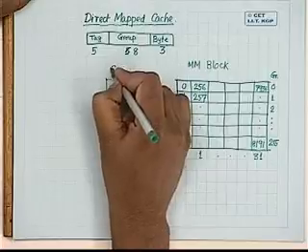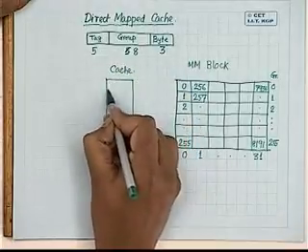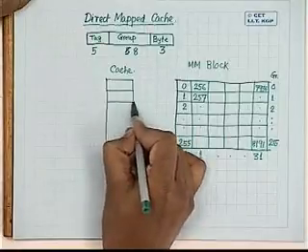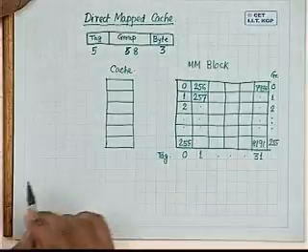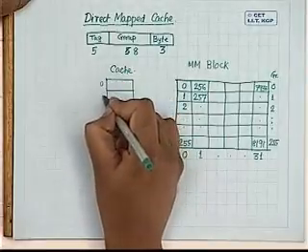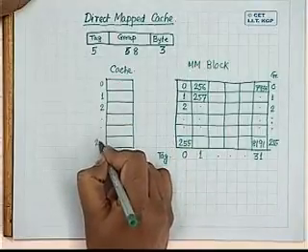So this is the cache memory, and in cache memory I'll have 256 cache lines. Okay. So this is cache line 0, this is cache line 1, cache line 2, this is cache line 255.